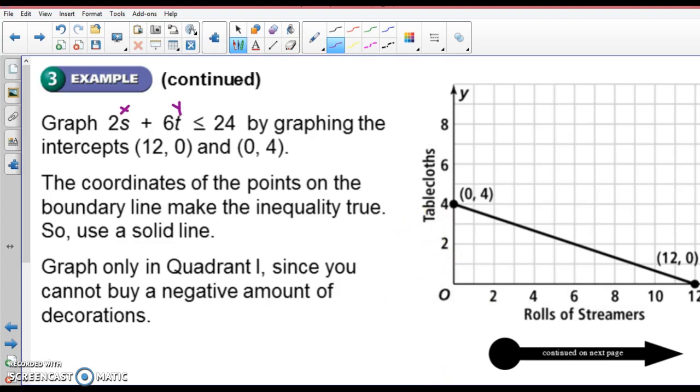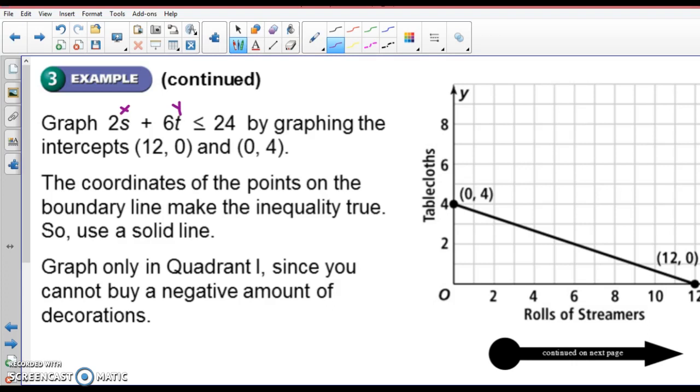So this is a first quadrant only graph. If I ask you to graph something like this, I would expect to see those endpoints and no arrows, because it's not a realistic situation to be up here, which would be negative streamers, or down here, which would be negative tablecloths.